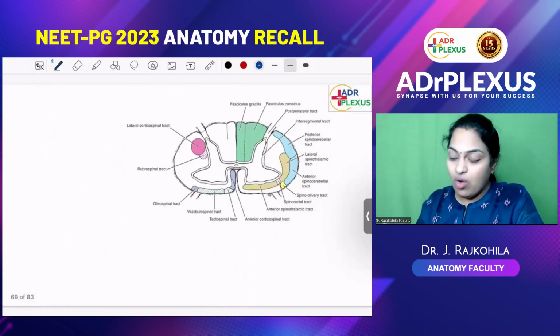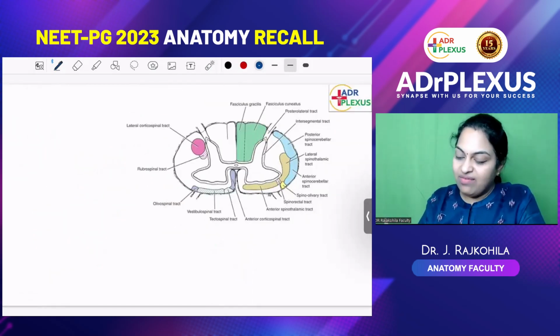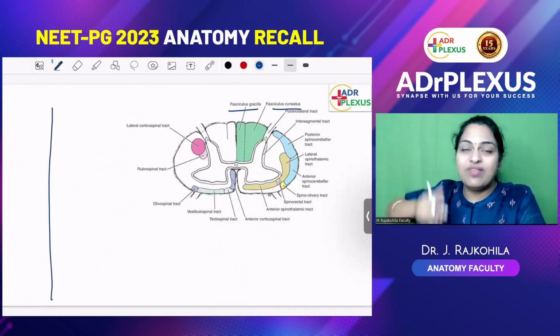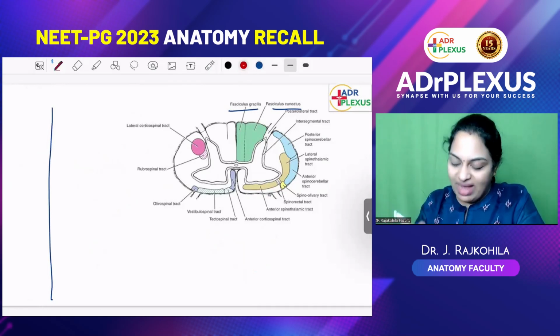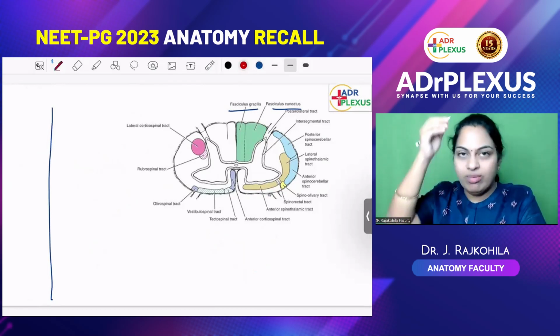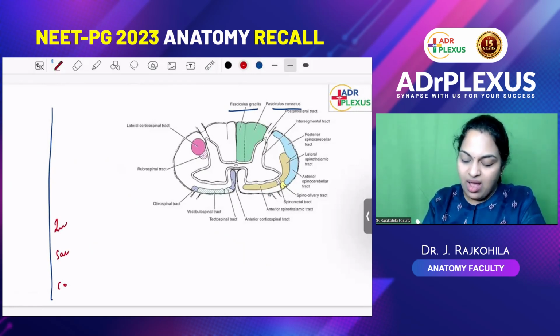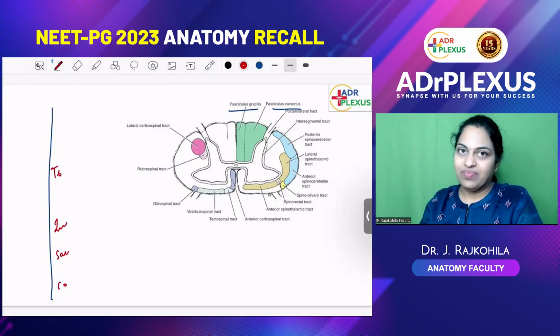So you know the dorsal column has two components, fasciculus gracilis and fasciculus cuneatus. Fasciculus gracilis is present throughout the length of the spinal cord because it carries sensation from the lower part of the body, from the coccygeal segment, the sacral, the lumbar up to T6.